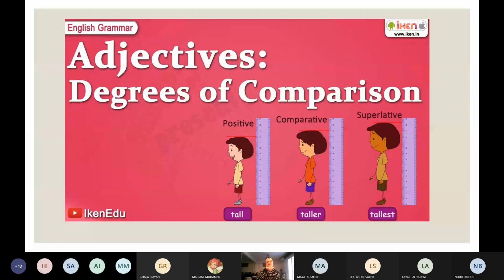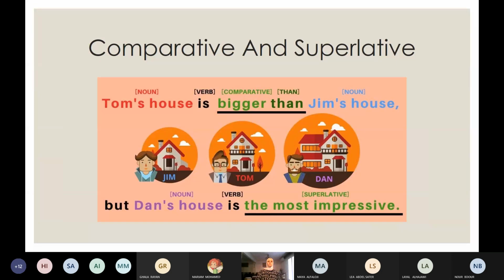Superlative, when I say that Jane is the tallest in the class. Positive, Jane is tall. Comparative, Jane is taller than her sister. Comparative between 2 things. Superlative, Jane is the tallest in the class, among many. So when I say, I have here Jim, Tom, and Dan.